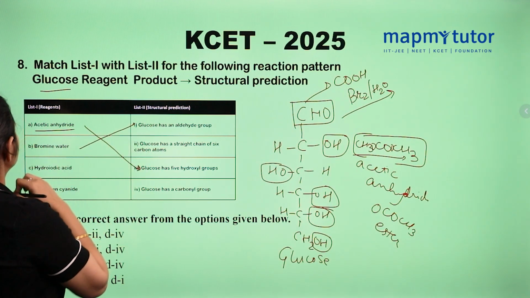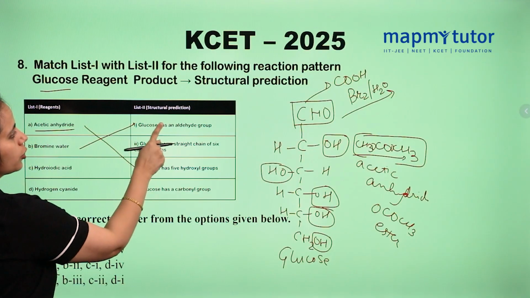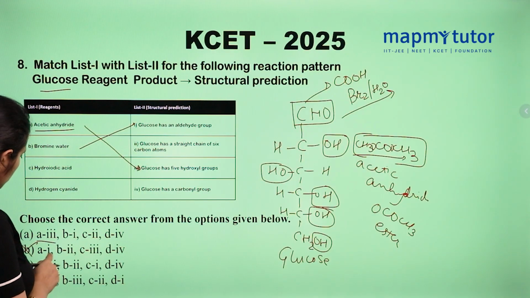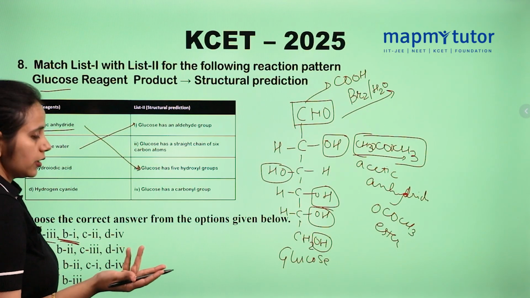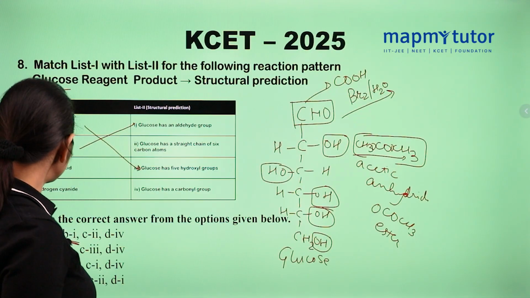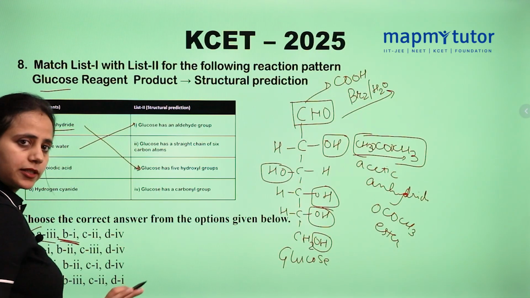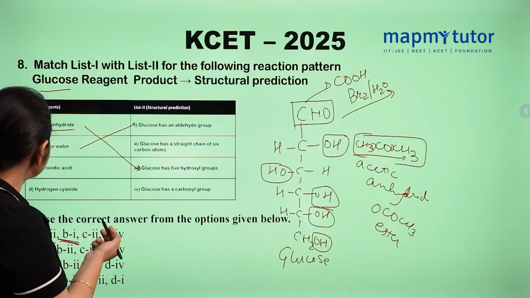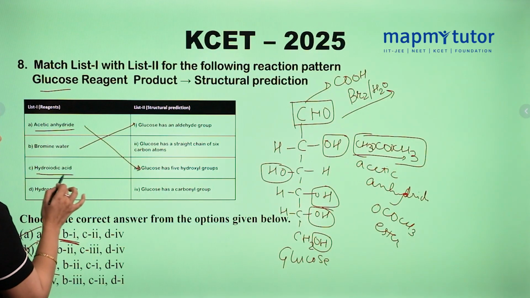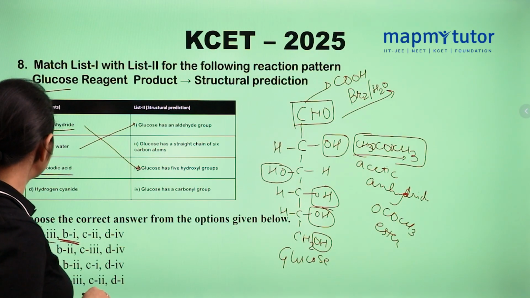So bromine water goes with the aldehyde group, and it is present in option A, B for 1. So from here only we get the answer. It is our choice whether to see the other options, but we get the answer from here: the answer is A.